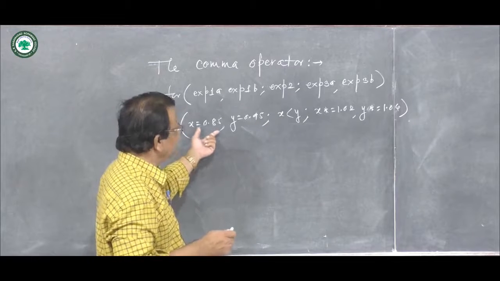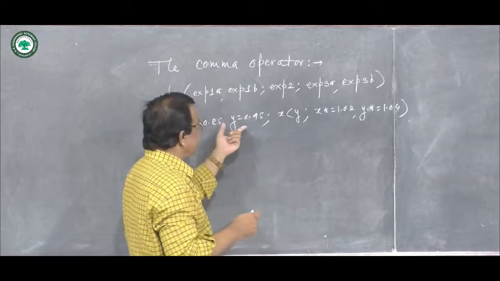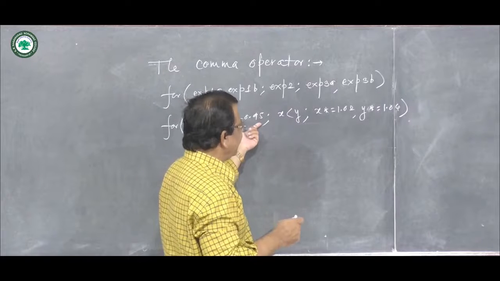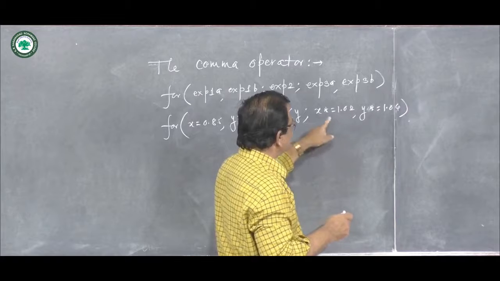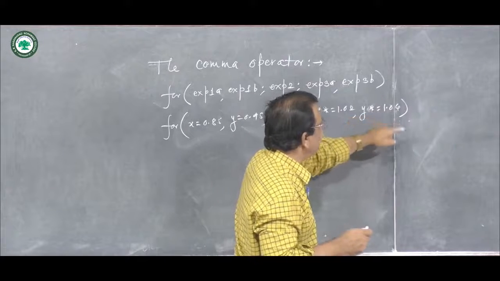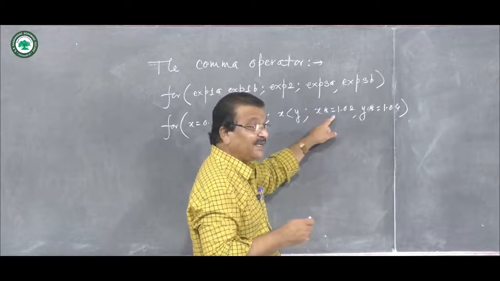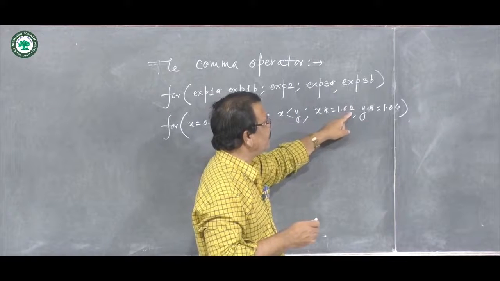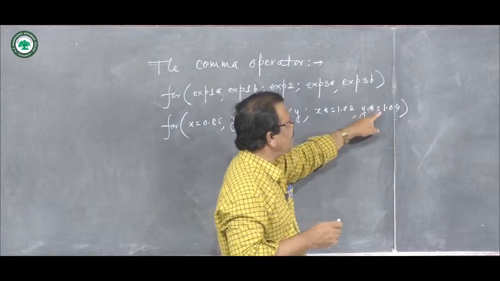So the loop begins by taking values of x and y as 0.85 and 0.95, the condition is true, and every time x is multiplied by 1.02 and y is multiplied by 1.04. The meaning of x *= 1.02 is x = x * 1.02, and the meaning of y *= 1.04 is y = y * 1.04.